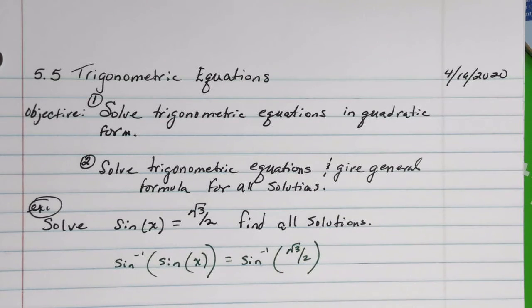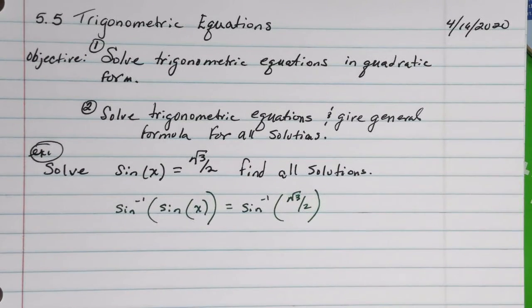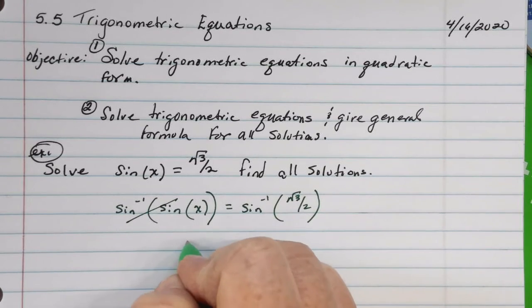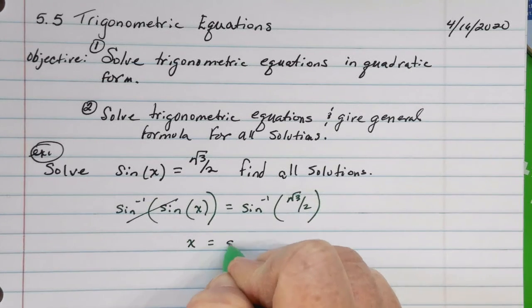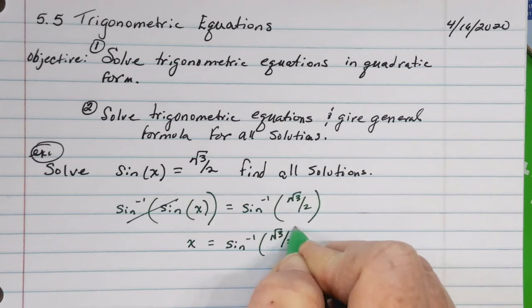Of course, whatever you do to one side, you have to do to the other. Sine inverse cancels sine, of course, with the restricted domain. So you're left with x equals the sine inverse of square root of 3 over 2.